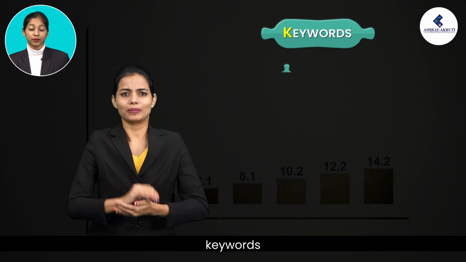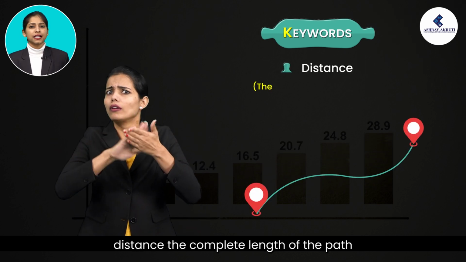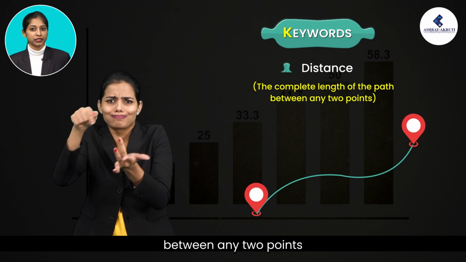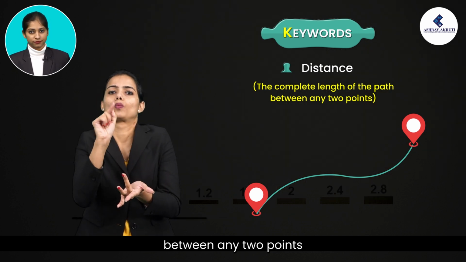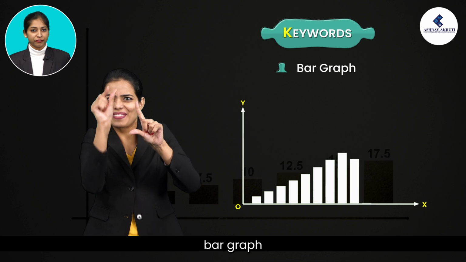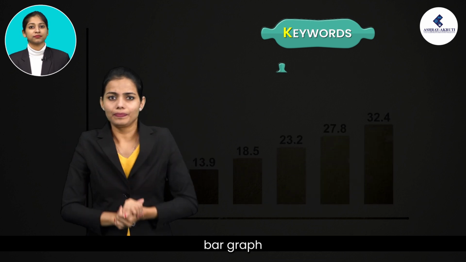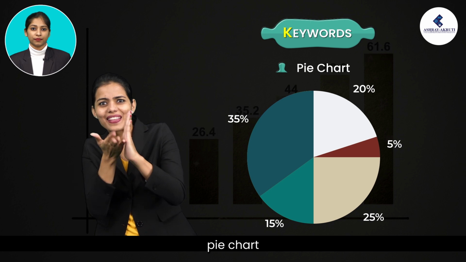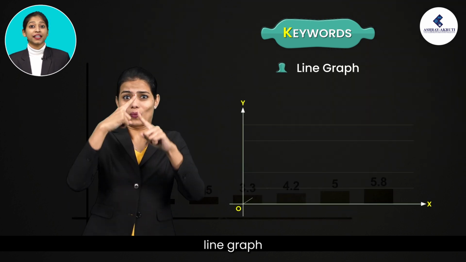Keywords. Distance: the complete length of the path between any two points. Bar graph. Pie chart. Line graph.